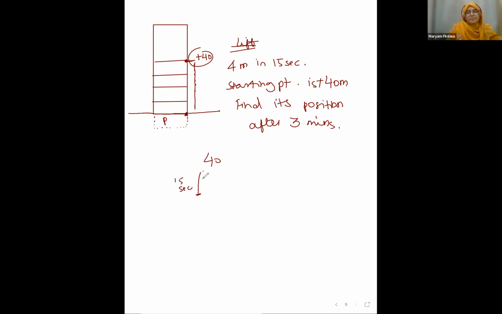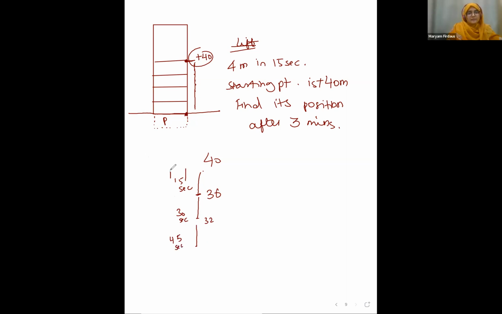How much is it? 36. Very good. Then after 30 seconds from when the lift starts, it's going to be 32.